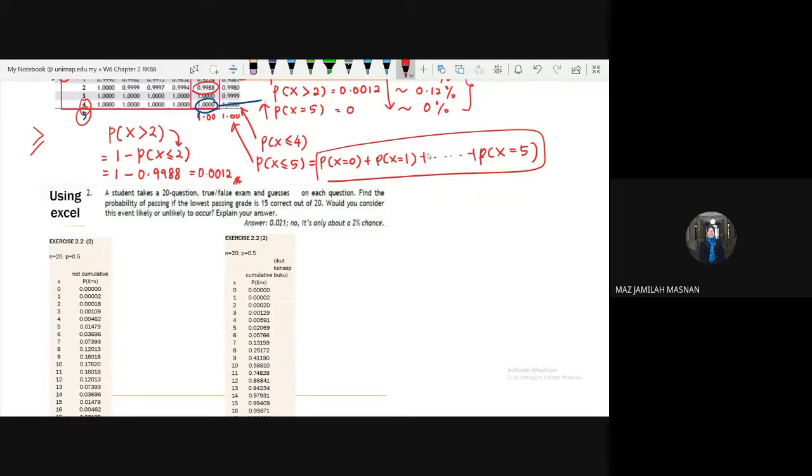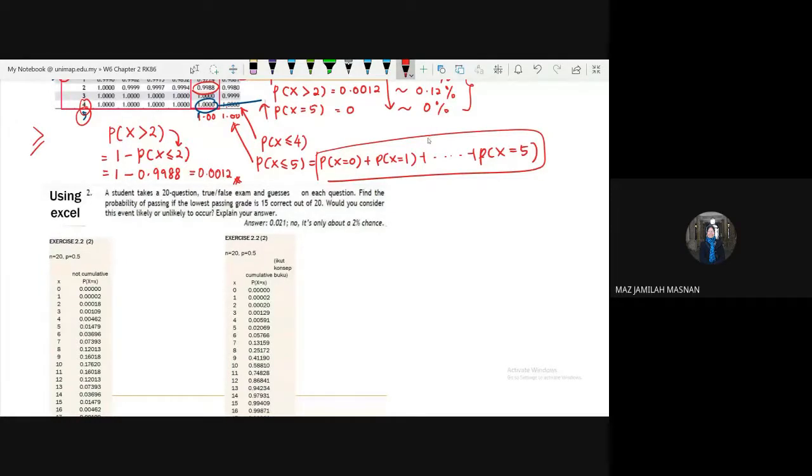Explain your answer. Sometimes in the questions you will be given more numbers, so in order for you to identify which numbers will be useful for your solution, you have to understand what is given in your question.